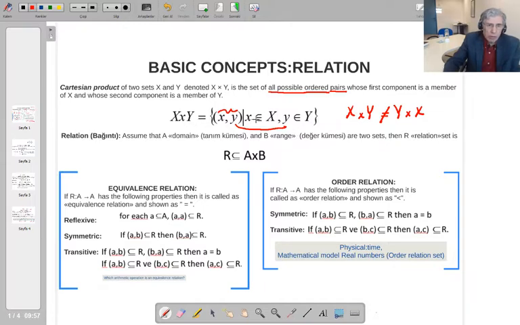Once you find the Cartesian product of two sets, any subset of this Cartesian product is called a relation.